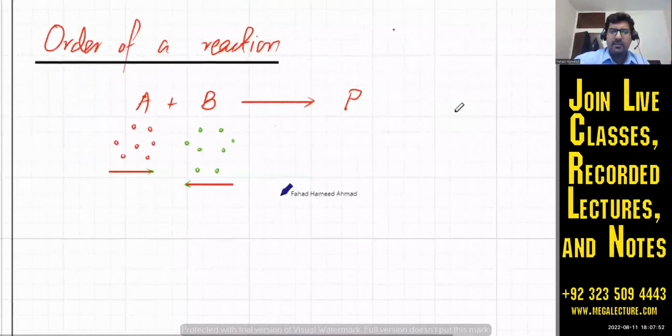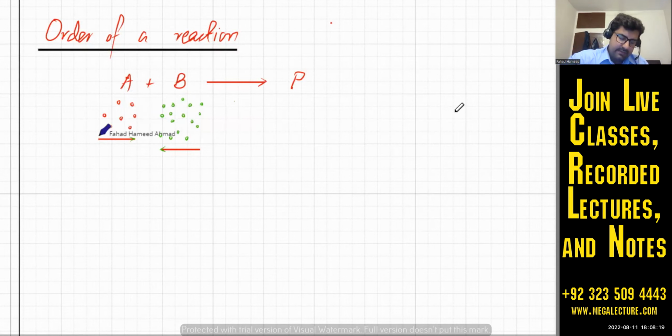So if I increase the concentration of, let's say, B, my reaction will speed up. And similarly, if I increase the concentration of A as well, the reaction would speed up.